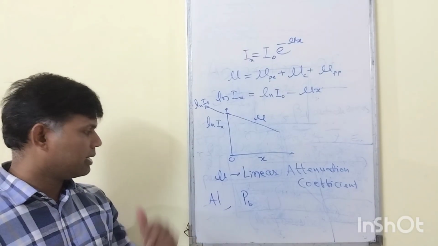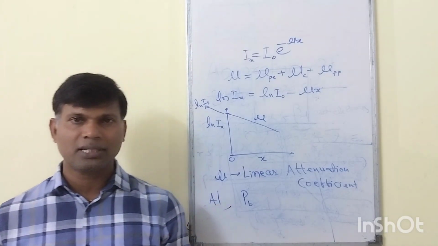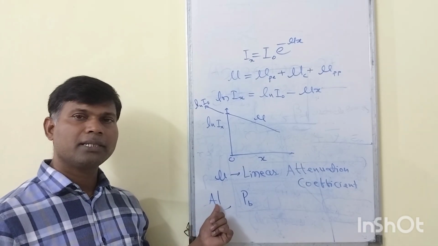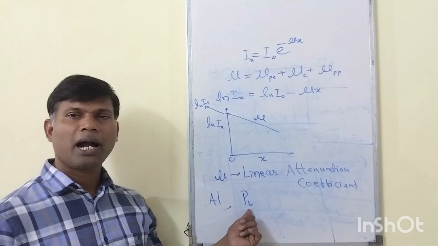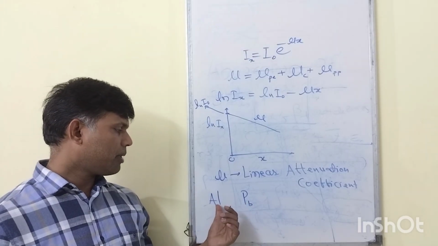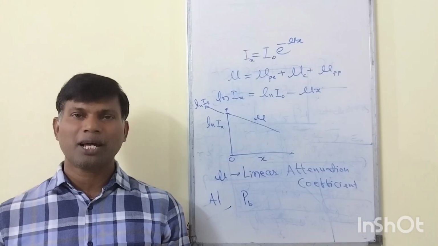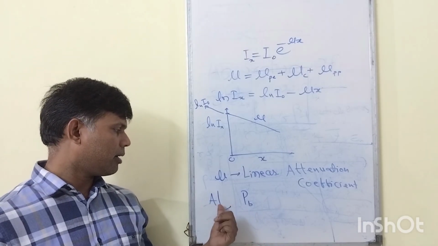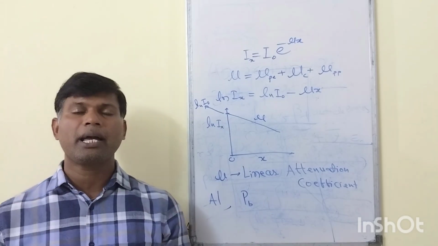Aluminium and lead, what is the difference? You can find first: the atomic number of aluminium is less compared to the atomic number of lead. Atomic number is less means a smaller number of electrons. The atomic number of lead is higher, meaning a higher number of electrons.